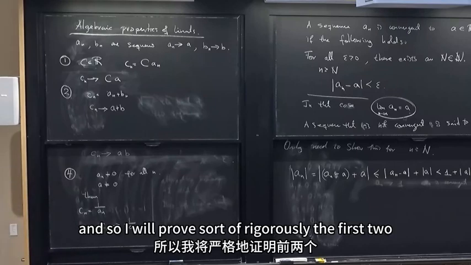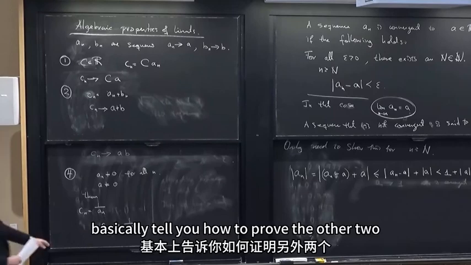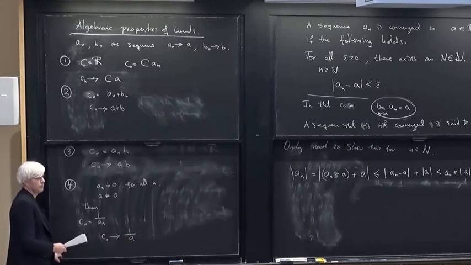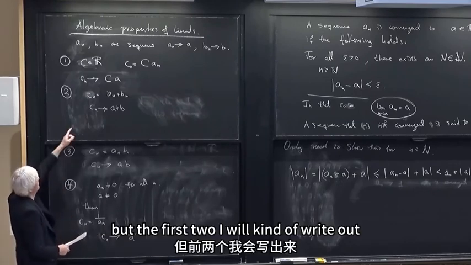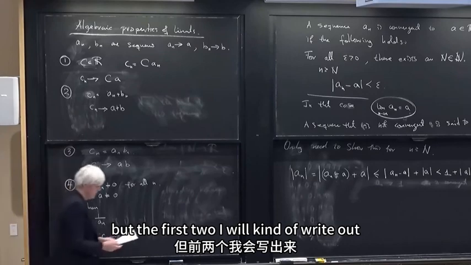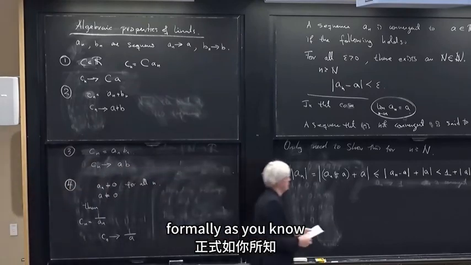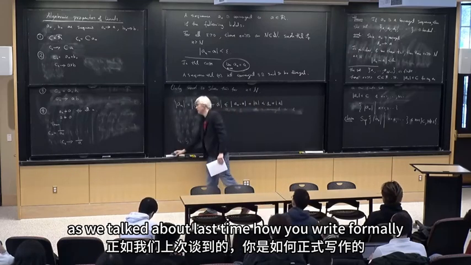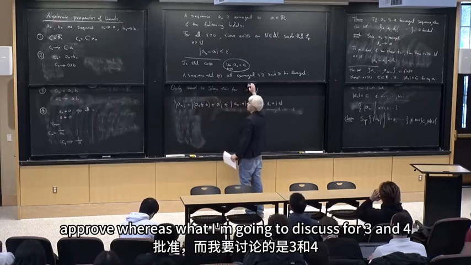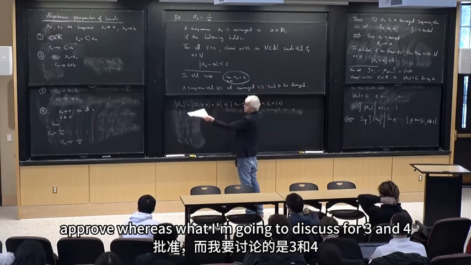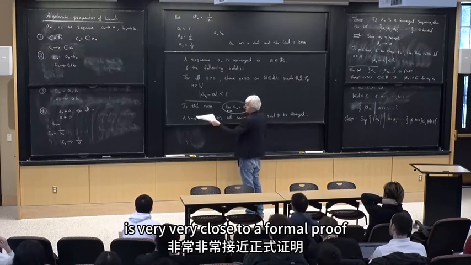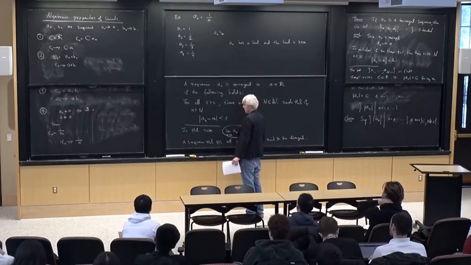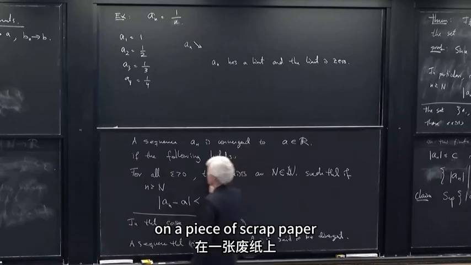And so I will prove rigorously the first two, and I will basically tell you how to prove the other two. The first two I will write out formally, as we talked about last time, how you write formally a proof. Whereas what I'm going to discuss for 3 and 4 is very close to a formal proof, but more like what you would have on a piece of scrap paper.